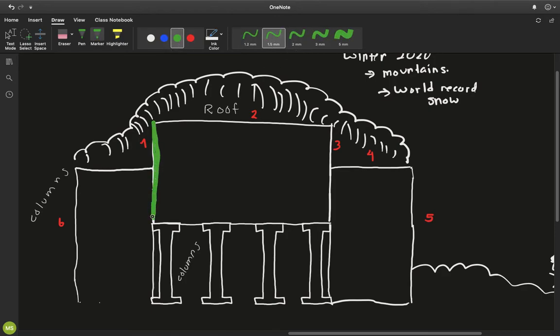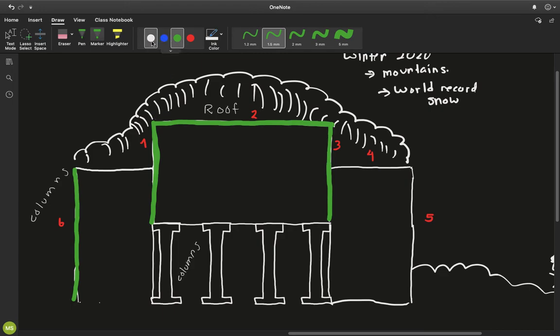So we design these beams, columns, to be strong enough to transfer load. So for beam 2 that I am drawing right now, this is going to take up so much load from the snow.